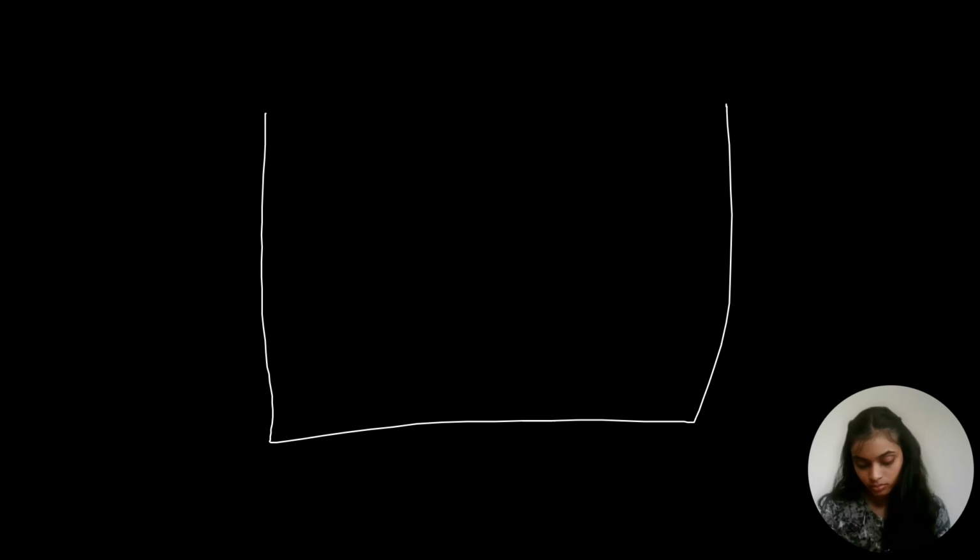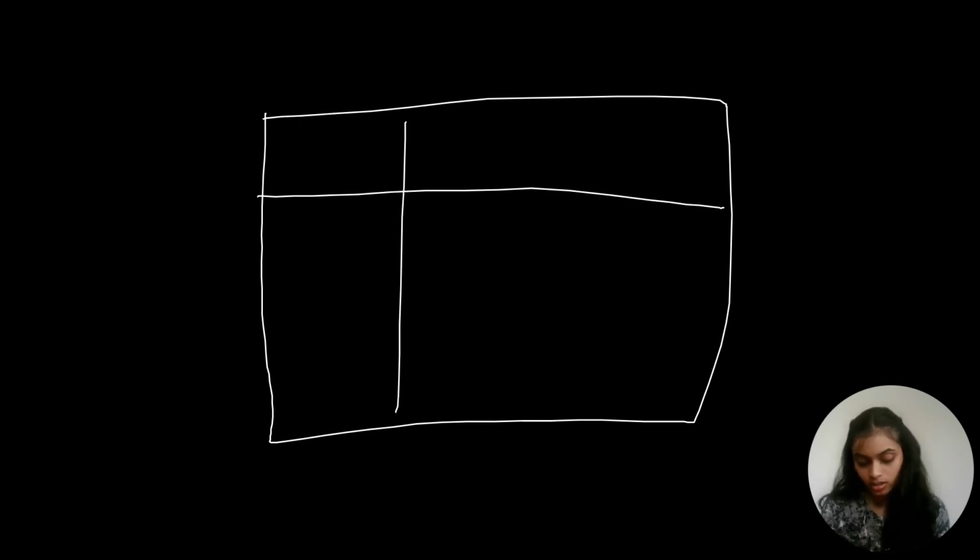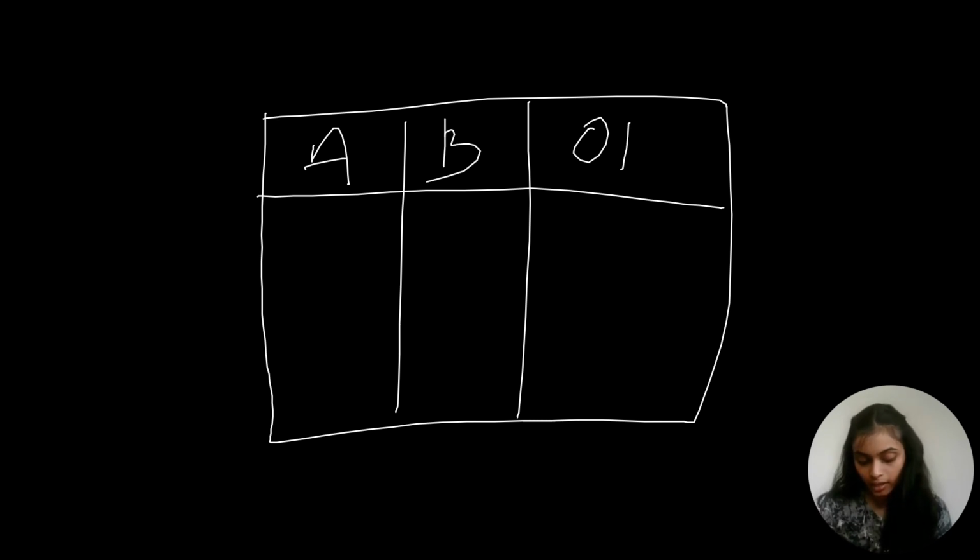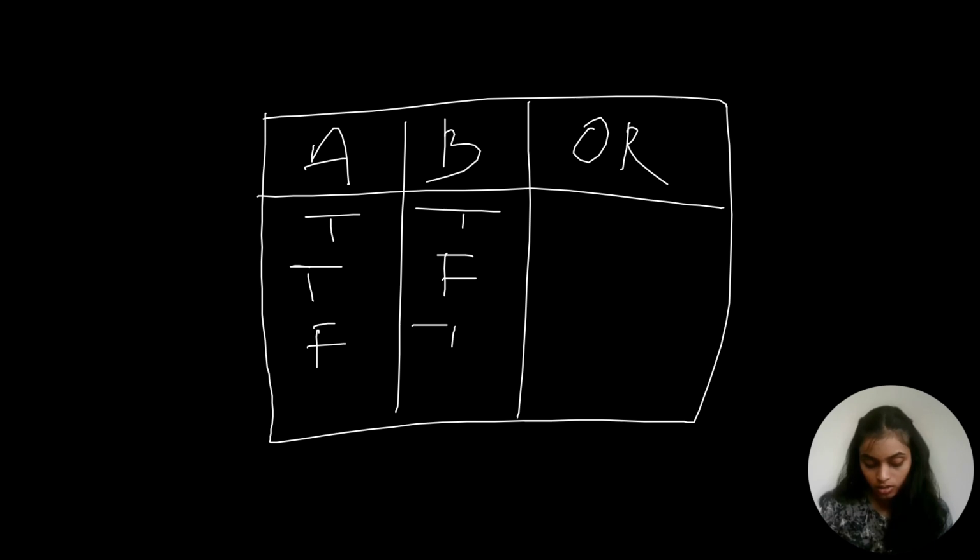Now we will be using the OR operator. OR is completely different from the AND operator. We take both A and B operands and OR. In a similar way we have the true condition at the initial stage, then true, false, false, true and false, false.